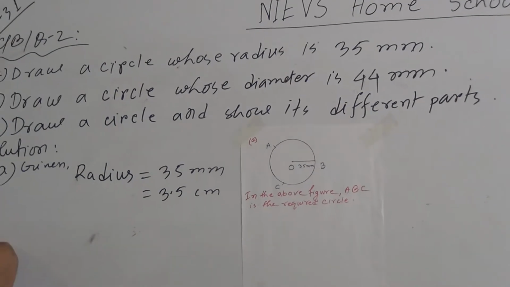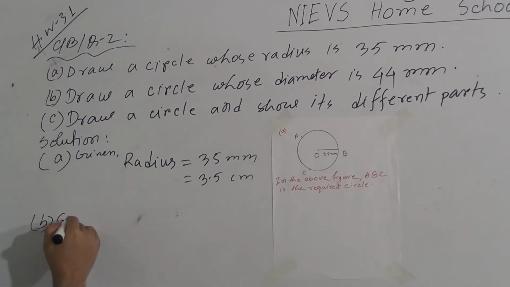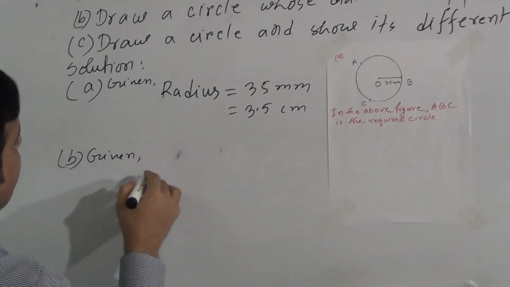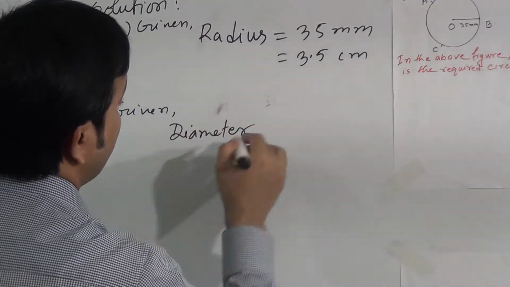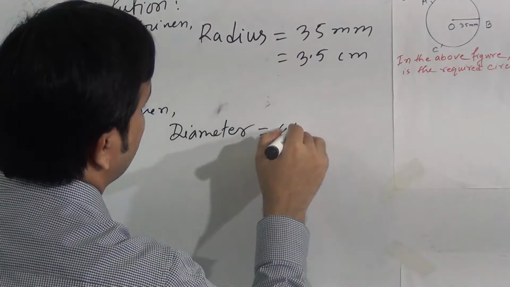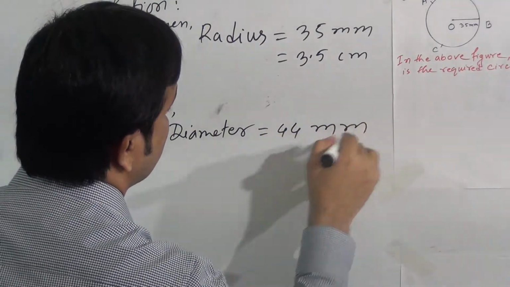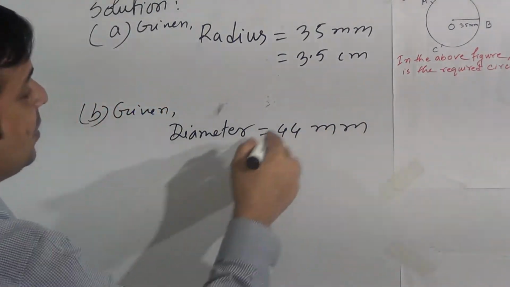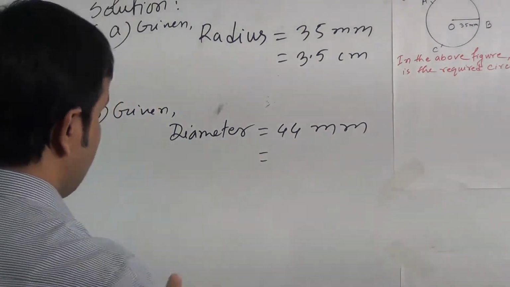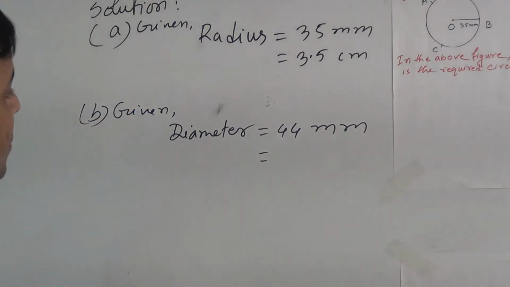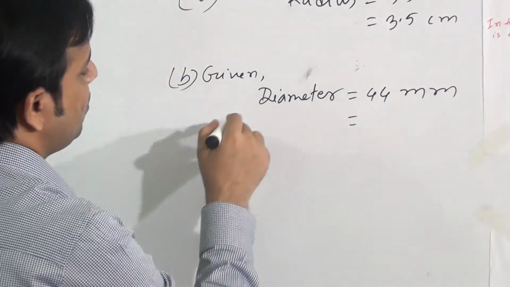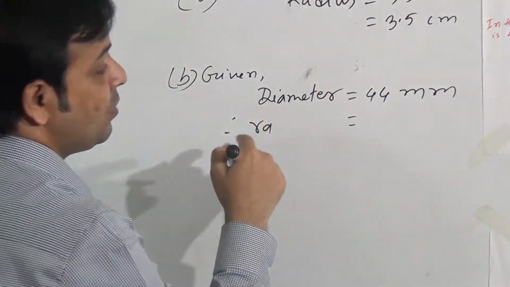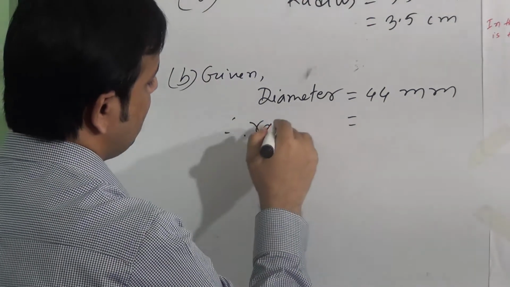Dear students, so you can write B: given, diameter equal to 44 millimeter. It means that the diameter is 2 times of the radius. Therefore radius will be half of the diameter.